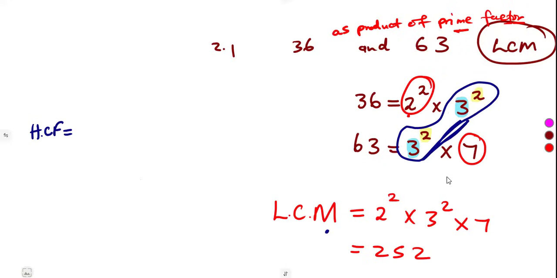But now we compare to see which one has the smallest exponent when dealing with the highest common factor. You take the one with the smallest exponent, the smallest power. But in our case, they are just the same. 3 squared, which is 9. That was going to be your HCF.